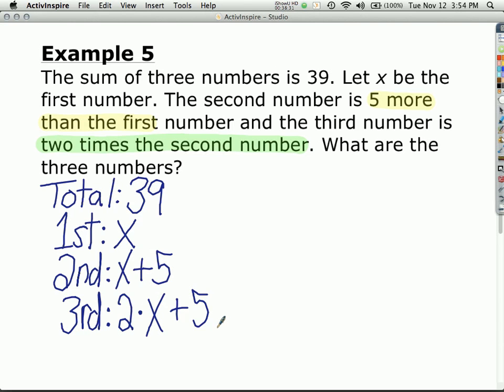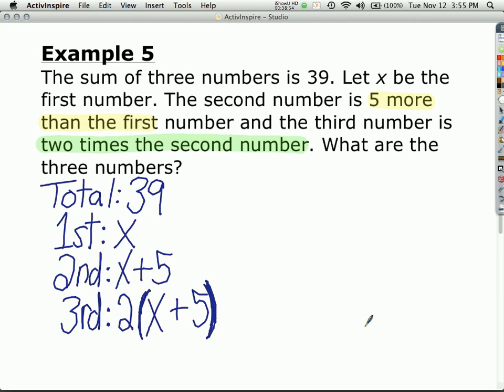How can I get the 2 to multiply times everything? Kiara's got the big light bulb going off. Go ahead. Distribute. Yeah. This is exactly what we use the distributive property for. This is supposed to be 2 times the quantity x plus 5. And that's the way it has to be.